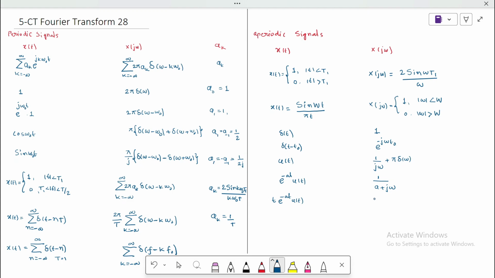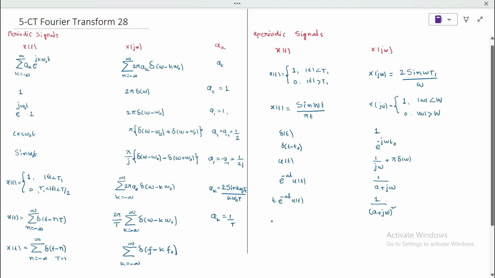After completion of the differentiation, we get 1 by a plus j omega squared. For t square e power minus at u of t, in the numerator we get 2 by a plus j omega to the power of 3.